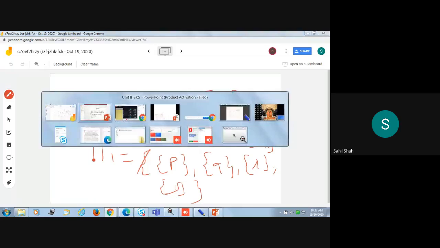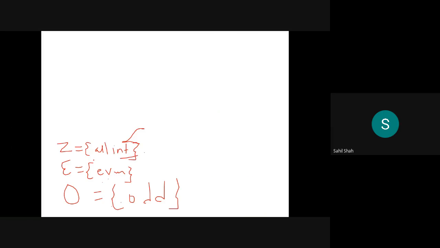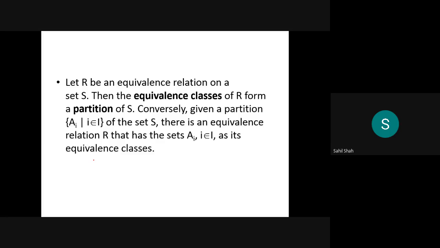Let me clear out the next point. The concept of partition is applicable to the equivalence relation. Just observe this definition carefully.